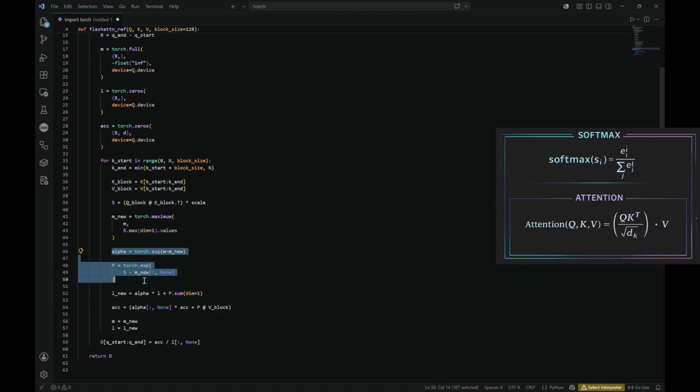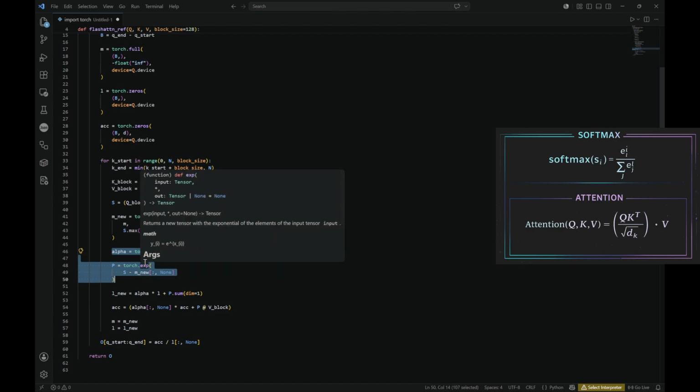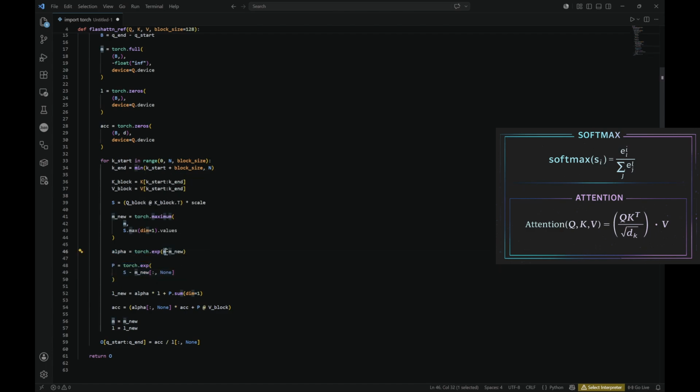Okay, onto alpha and P. These two are a little bit different because, despite this one being M minus M new and S minus M new, this one is kind of the key to the actual online softmax component. It essentially evaluates how much larger the new maximum is compared to the old maximum, whereas S is the unnormalized softmax numerator.